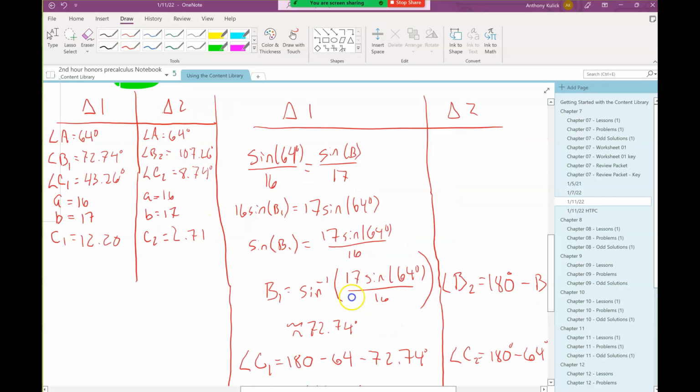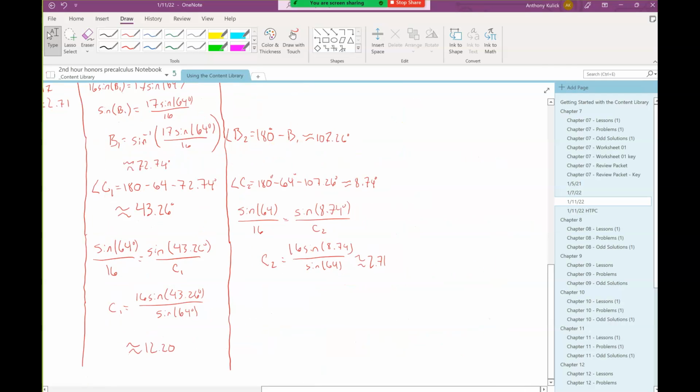Feel okay there? Yep. Again, the place where students get stuck is typically remembering that supplementary relationship. And the place where they often make mistakes is they change the order in which they're looking for things in triangle 1 and triangle 2. So remember, in triangle 2, you have to do things in the same order that you did triangle 1. Mostly that applies to which one you're finding the supplement of.